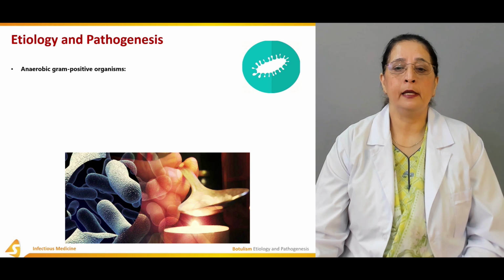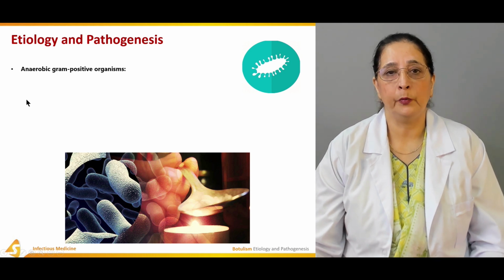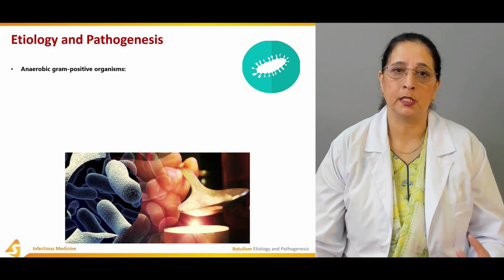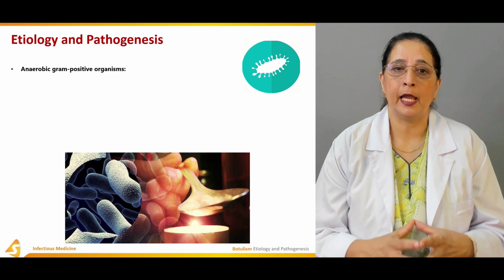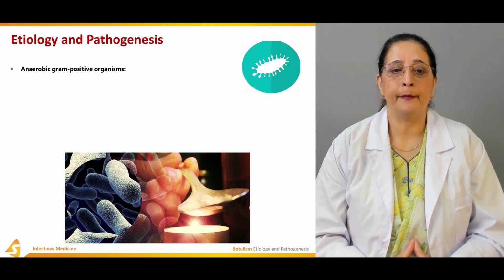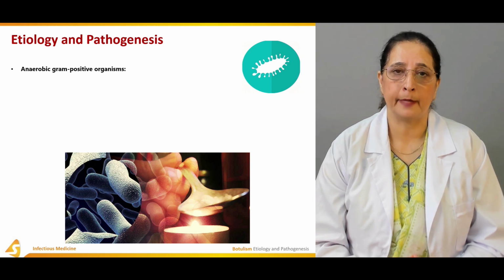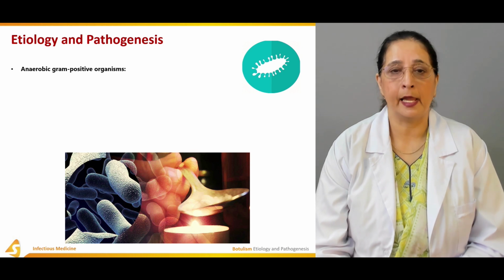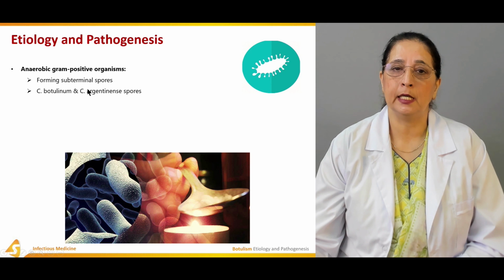Clostridia are anaerobic. Anaerobes are microorganisms that do not require oxygen for their growth and multiplication. They are also gram-positive organisms, so they can be stained by the gram stain. They form subterminal spores.